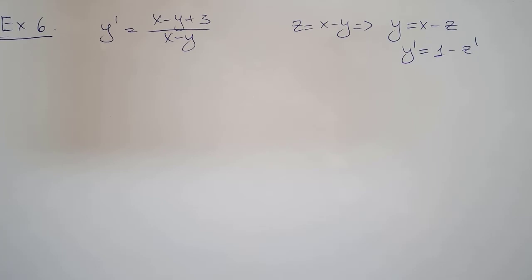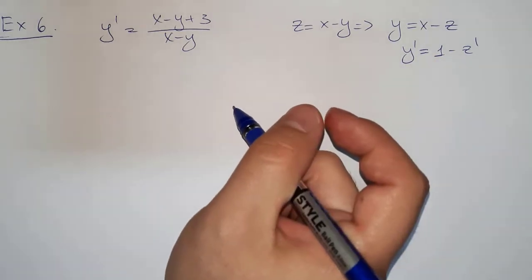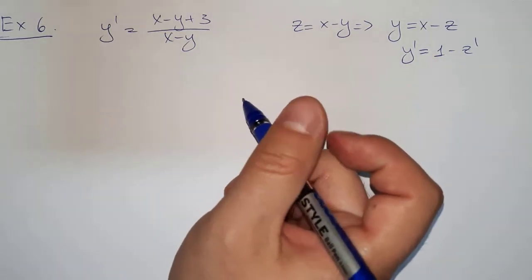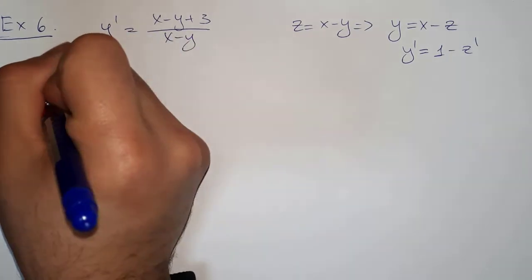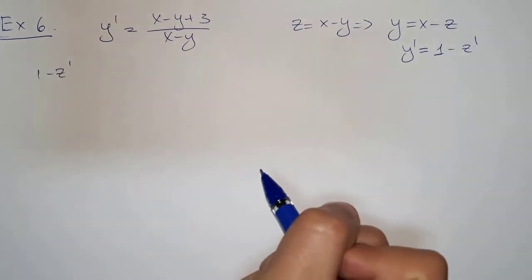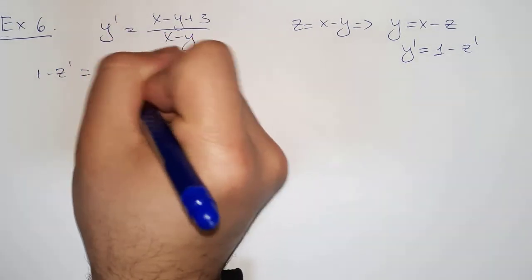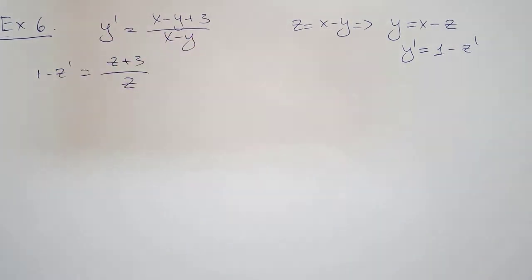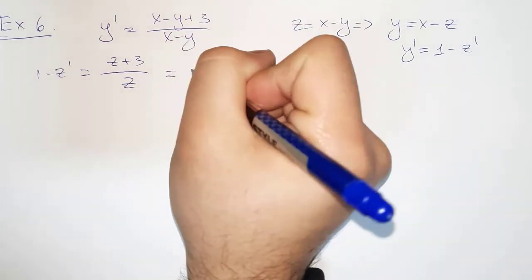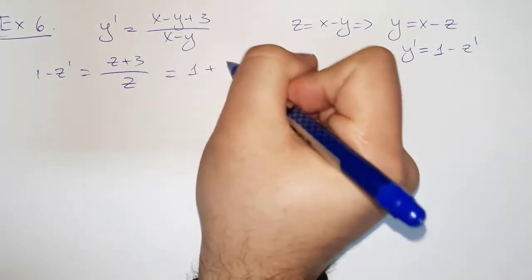After this substitution, we'll get the following differential equation: 1 minus z prime is (z plus 3) over z. In such kinds of examples, you can do this substitution. So this we can write as 1 plus 3 over z.